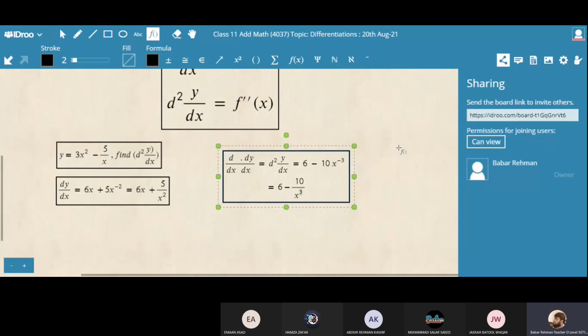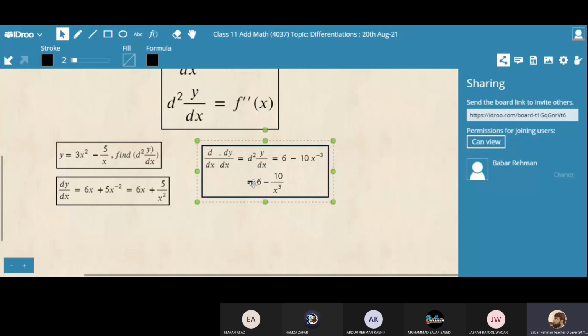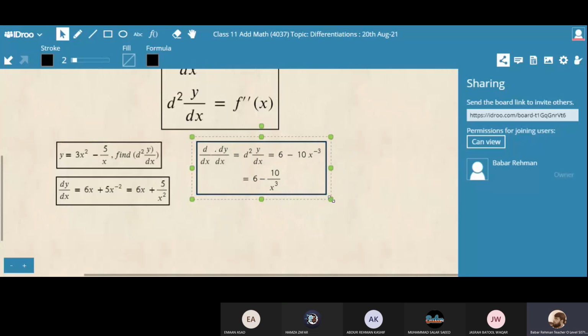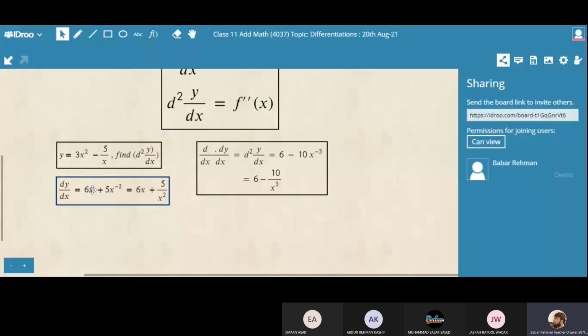So students, this is the second derivative, the derivative of the first derivative. When we find the first derivative and then the derivative of the first derivative, we get the double derivative. Hope you understand this concept.